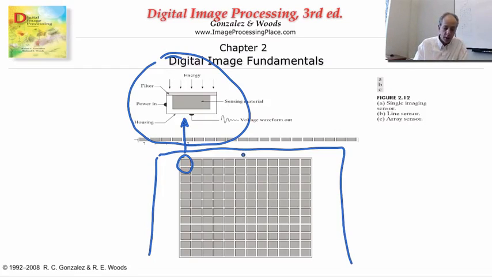We're going to talk a bit more about that in a second. It means that we have 1000 sensors in this direction, 1000 sensors in this direction, so a total of 1000 square sensors. So once again, light is reflecting off objects, is projected into the camera, and is sensed by the camera.